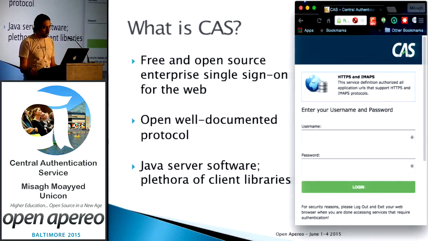It follows and implements an open and well-documented protocol which describes how the authentication is about to commence and what you as the client, as the service provider, should do to interact with it. And this protocol is implemented by a Java server software with plenty of client libraries and frameworks and support around service providers to interact with the CAS server.